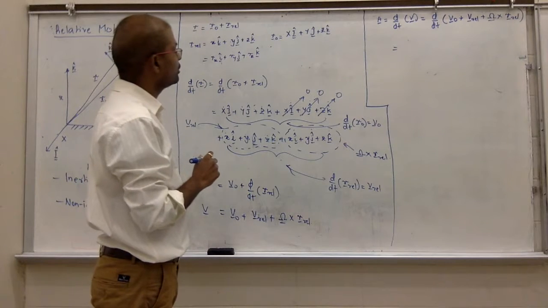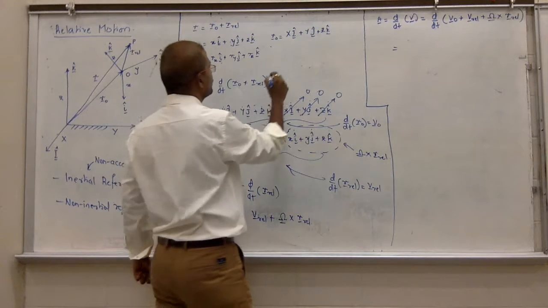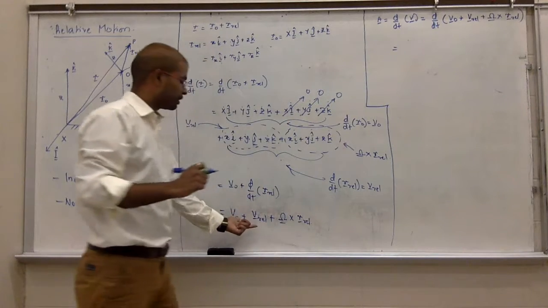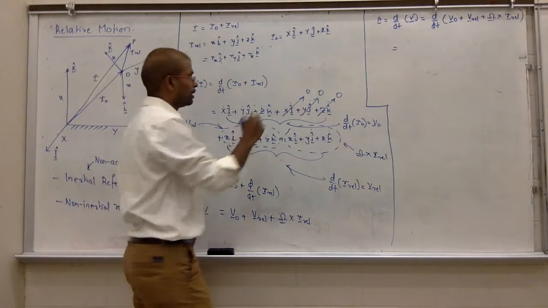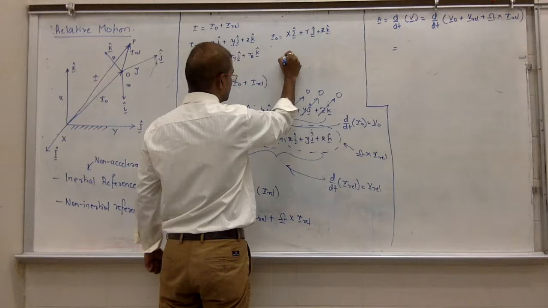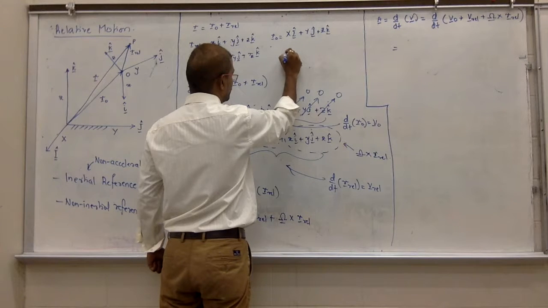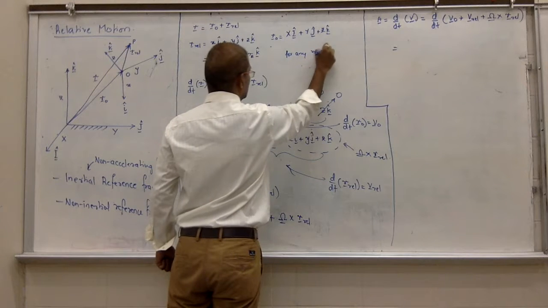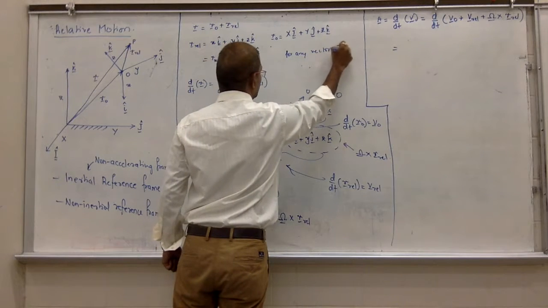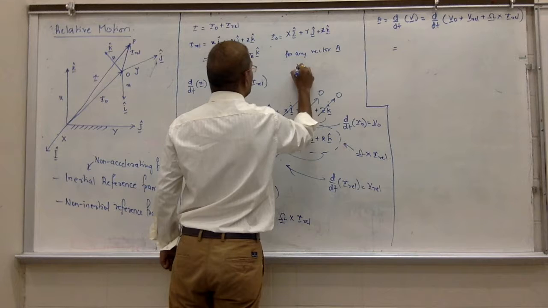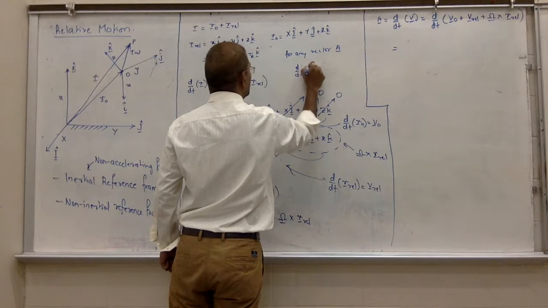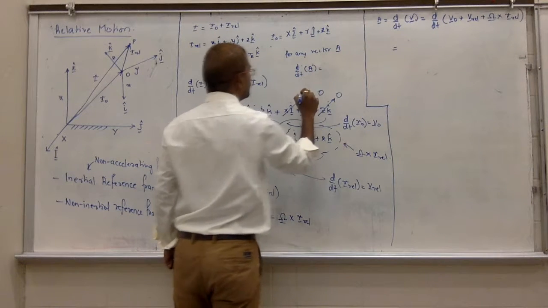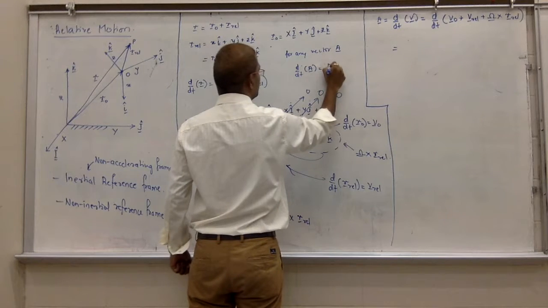Now there's a general rule. You have to apply this general rule, and that general rule is here. The derivative of any vector, if you have a vector, I'll write it here, for any vector A, d over dt of A, we will always use this notation.